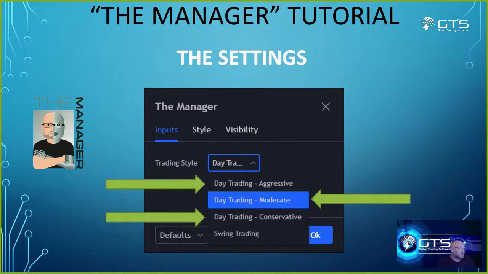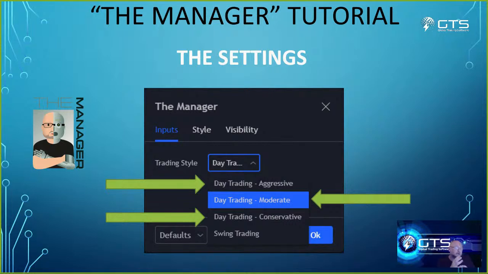We've got day trading conservative. This is probably if you're day trading on the 15 or the 30 minute, and you want to give the trade a chance for the whole of the trading session, the whole trading day, then you may want to allow things to pull back deeper than they would normally.